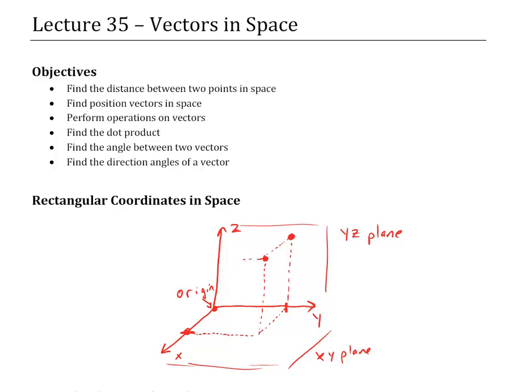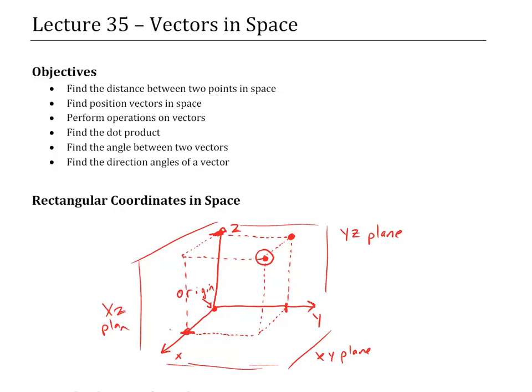If I go straight across to what we'd call the xz plane, and then drop straight down, I end up in the same place here. And for both the xz and the yz planes, if I go parallel to the x-axis back to the z, or parallel to the y-axis back to the z, I end up in the same spot. So you can see where this point is now in space.